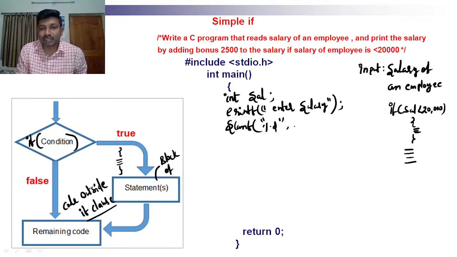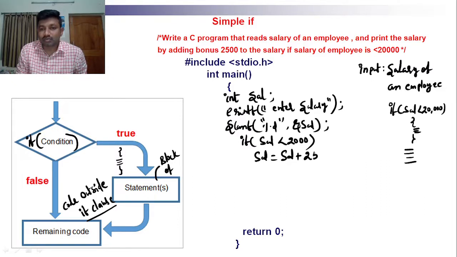If you want, you can take it as a float also. Now I would like to take the decision. If sal is less than 20,000, I am going to add the bonus. So sal equals sal plus 2,500, the bonus given.